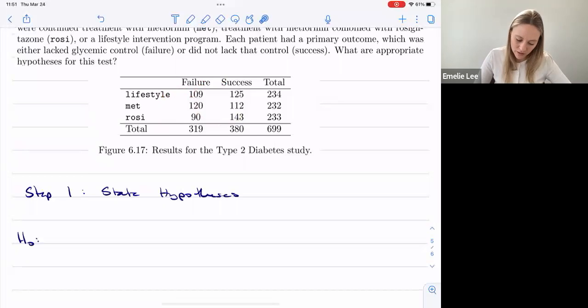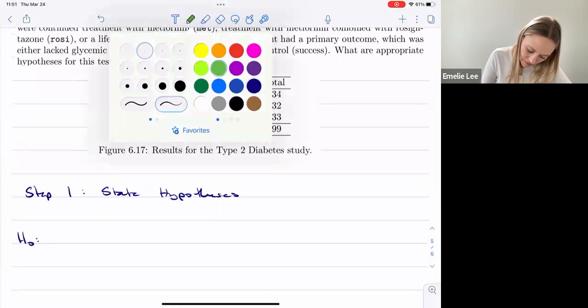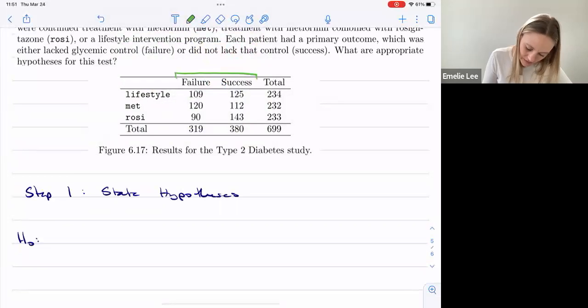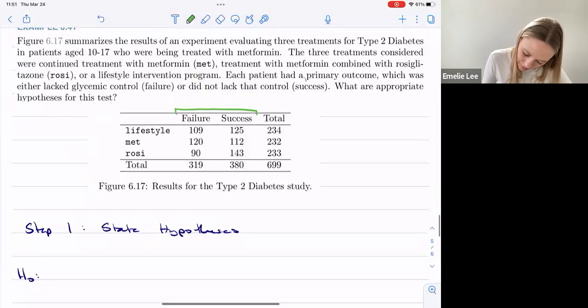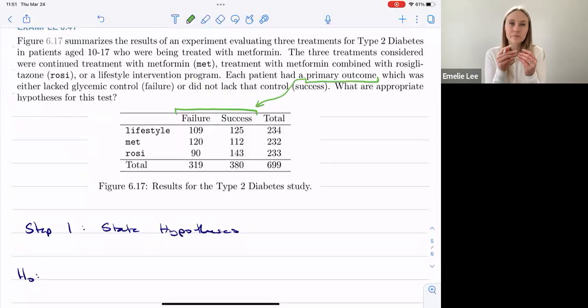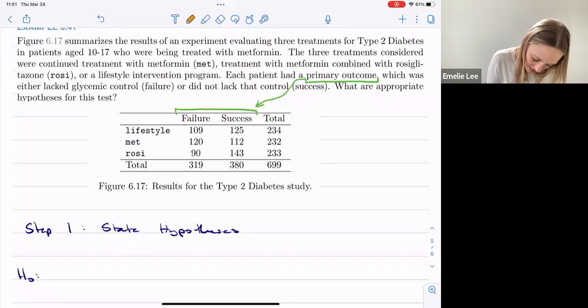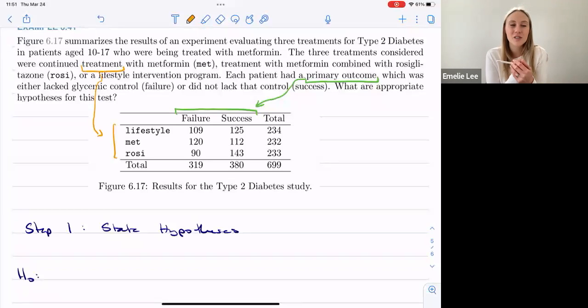The outcome, so here, this is what we're going to call the outcome variable, right? Failure, success. So the primary outcome is what we'll call the name of that categorical variable, right? And then that's easier to talk about, right? And let's say here, this variable, we can call it the treatment variable, just so we can talk about variable 1 and variable 2, right?